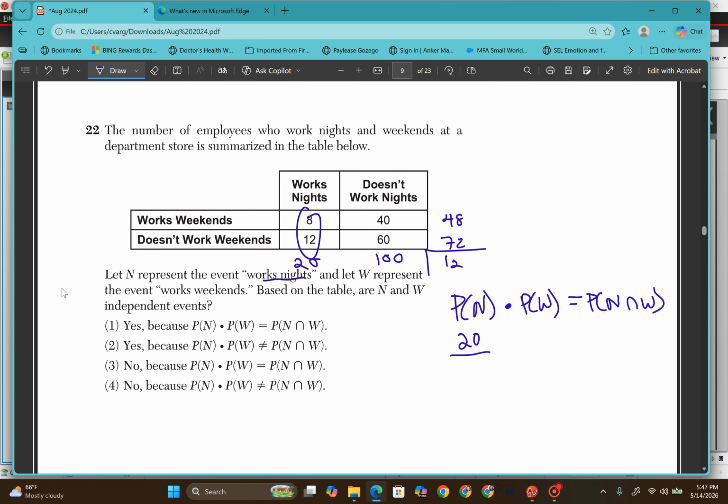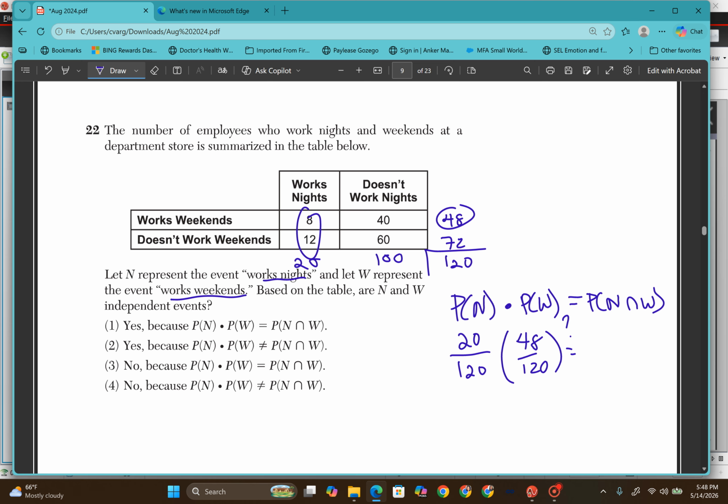All right, so 20 over 120. Then we're going to multiply that by the probability of W, and W represents works weekends. So works weekends is 48. All right, so we're going to do 48 out of 120. And we have to see if that is equal to the probability of N and W.